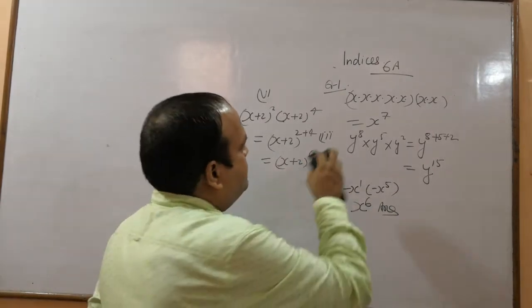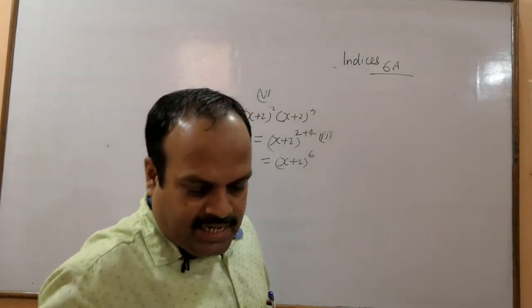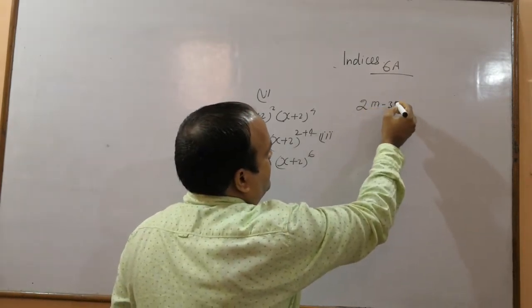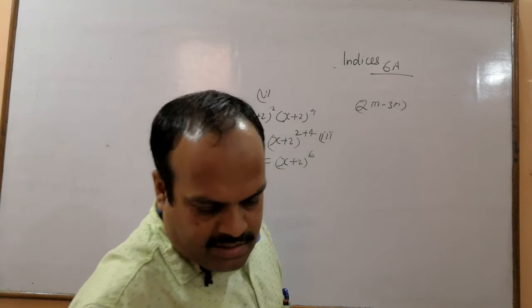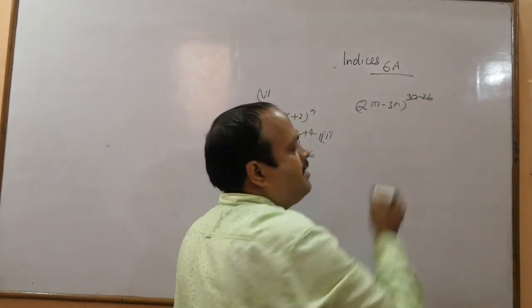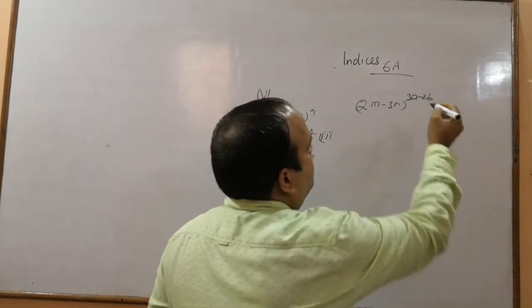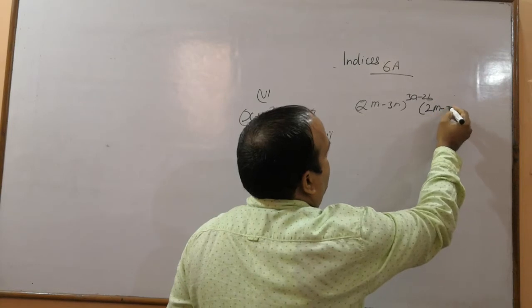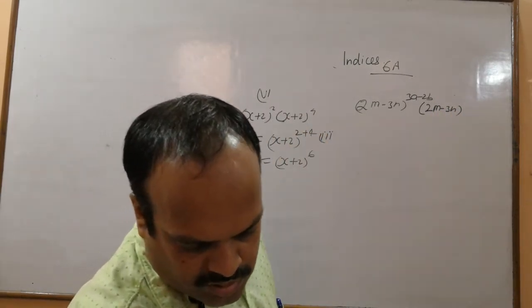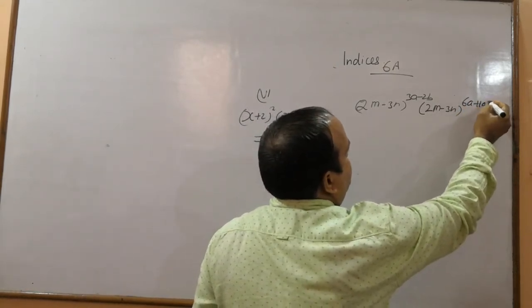Next, seventh part, what we have: 2m minus 3n raised to 3a minus 2b, multiplied by 2m minus 3n raised to 6a plus 10b.